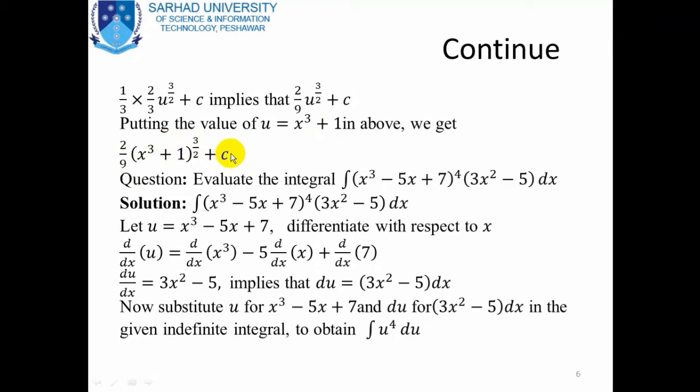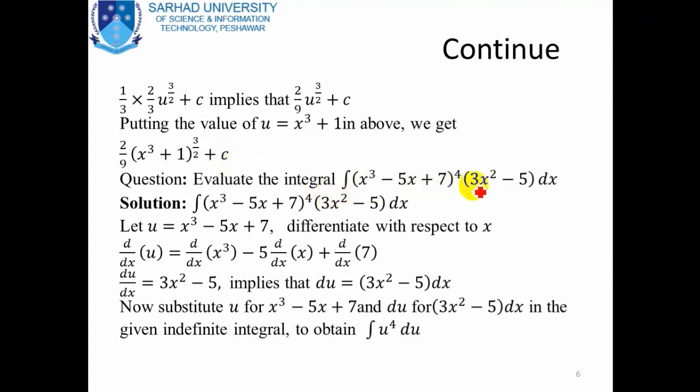Now another problem: evaluate the integral of x cube minus 5x plus 7 whole power 4 into 3x square minus 5 with respect to x. Now dear students, note that I have already told you that the main problem for the student in integration by substitution is this point: which part will be supposed as the new domain u.